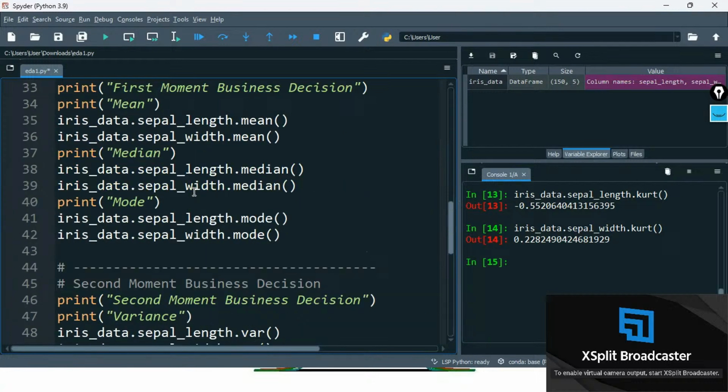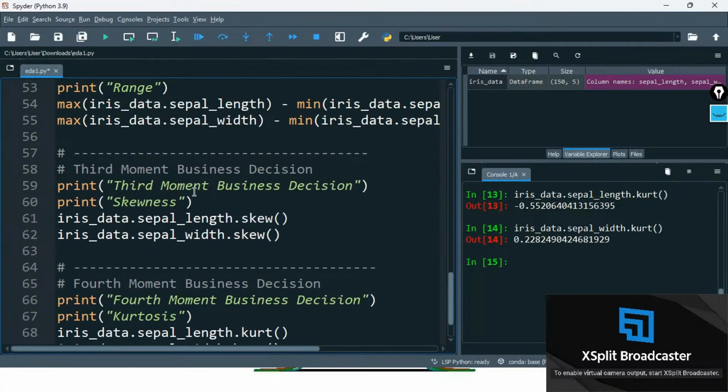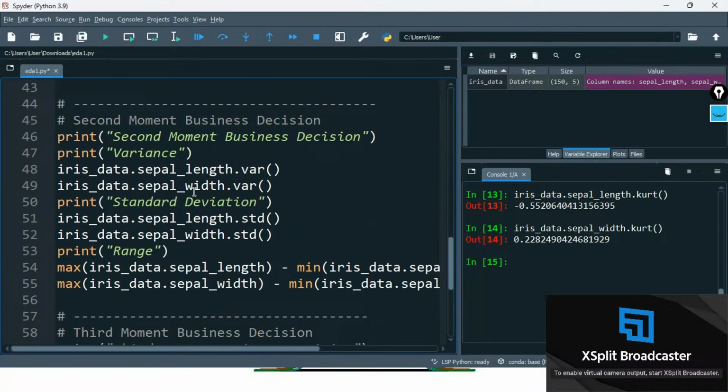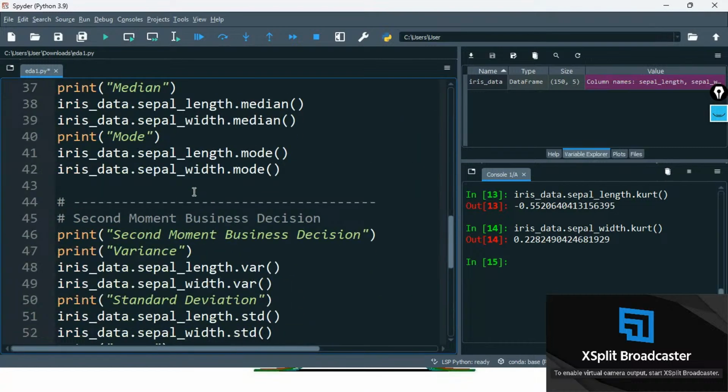Okay. So this marks the end of EDA. With respect to moments, we did not complete visualization, but when someone asks you to perform EDA, this is the actual process, friends.